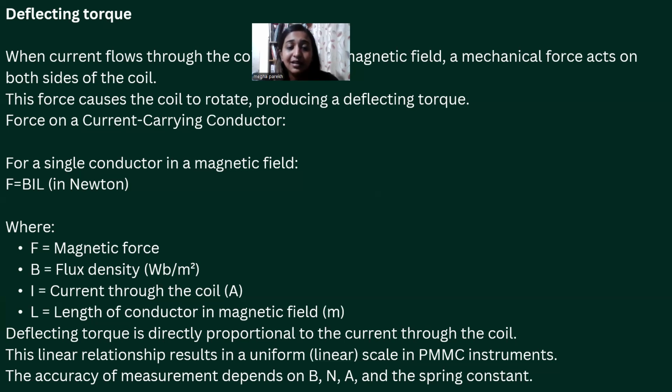Now let's understand that deflecting torque is directly proportional to the current through the coil. As the current through the coil is high, the deflecting torque is high. As the current in the coil is low, the deflecting torque is low. So there is a linear relationship between the torque and the current through the coil.